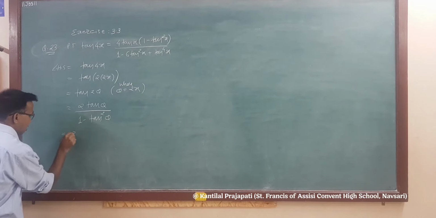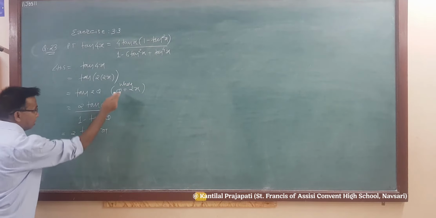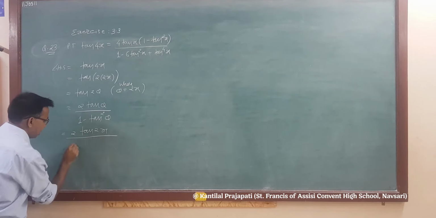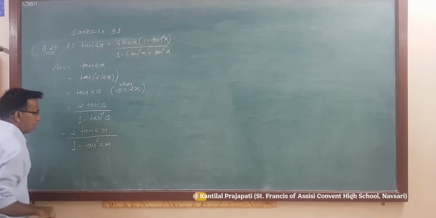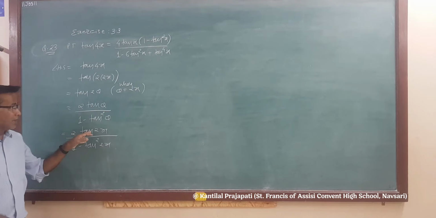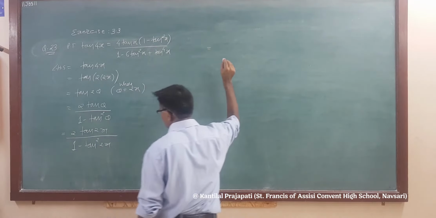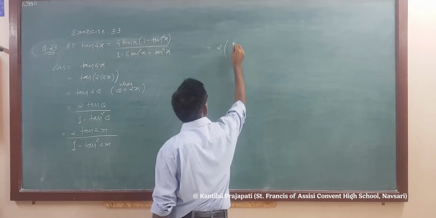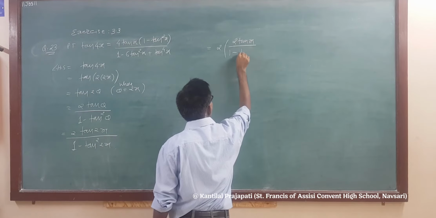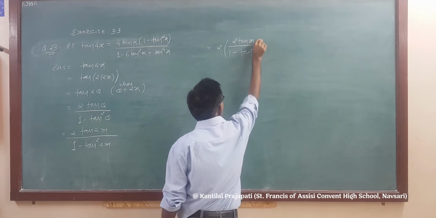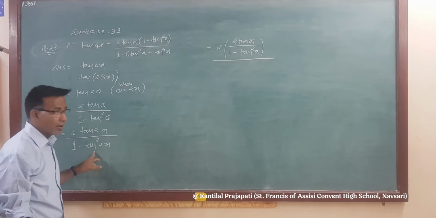Now substitute theta is equal to 2x: 2 tan 2x upon 1 minus tan square 2x. Now again apply the formula of tan 2x. So write this equal to 2 into bracket 2 tan x upon 1 minus tan square x, whole divided by 1 minus tan square 2x.